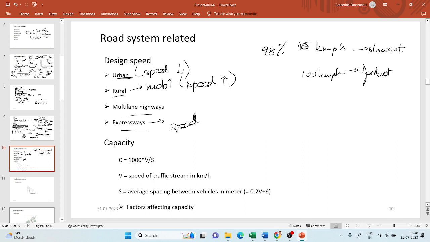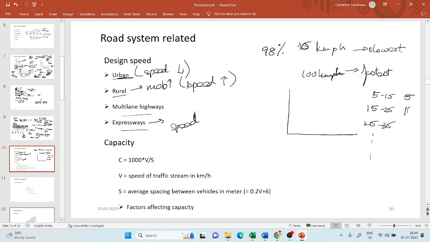So I will find out the number of vehicles traveling at each speed range. I will classify the speed as, say, 5 to 15, 15 to 25, 25 to 35, and so on, and find out how many vehicles are there in each speed range.